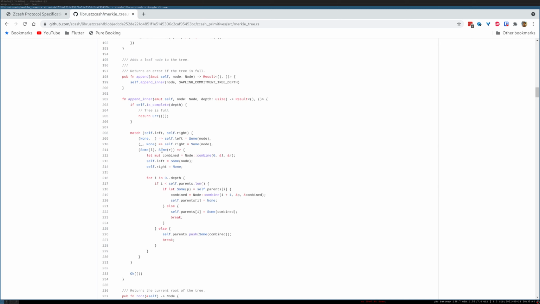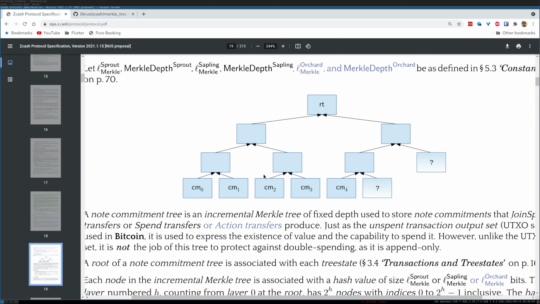So this is this case, right? First you combine left and right together, and this argument here is the depth of the tree. We are combining leaves together, so it's going to be at level 0. So you combine these two guys together, for example, CM2 and CM3 are combined together.